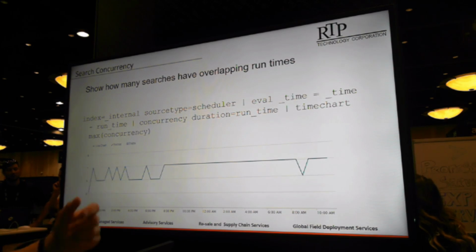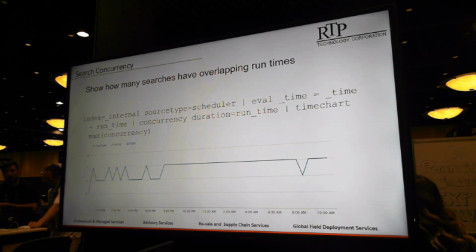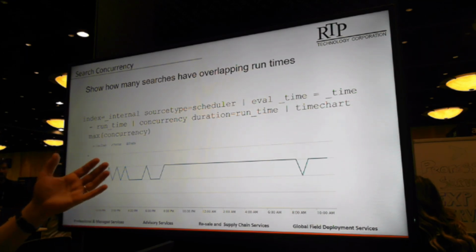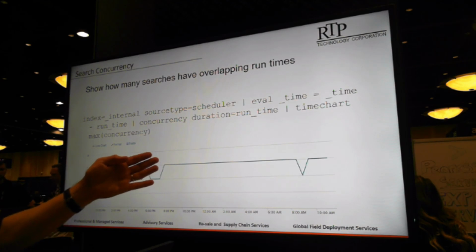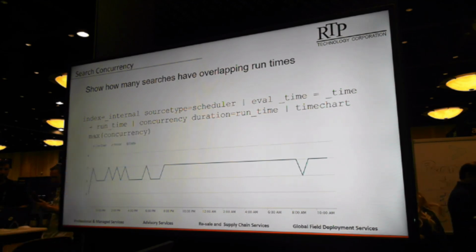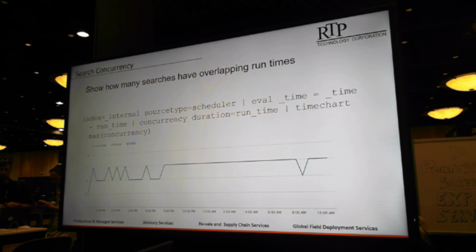Most of the time it's 6 or 7 or so running at about the same time. On a Splunk server running the recommended hardware, that shouldn't be a problem because you'll have at least 12 CPUs and not be competing for resources. But in a busier system, if you saw this running up closer to your number of CPUs, that could be an indication of a potential problem.